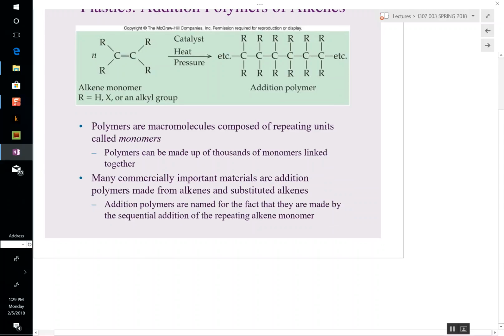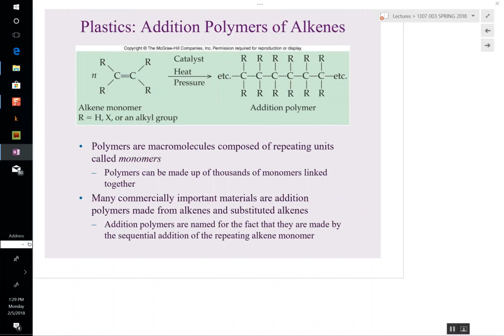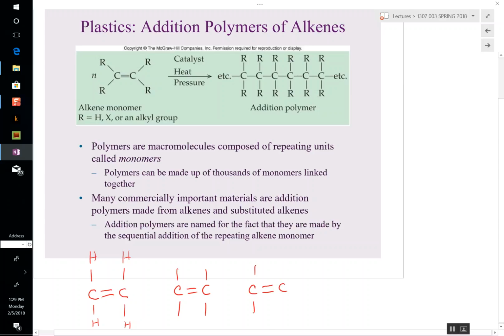I don't exactly know how I expect you to write this out, but let's think of our simple alkene here for a second. I'm going to write the hydrogens right above it like this. This is ethene. And just imagine a bunch more of them lined up here.